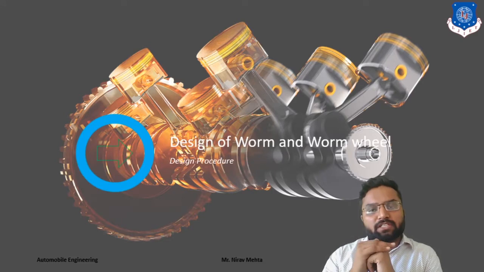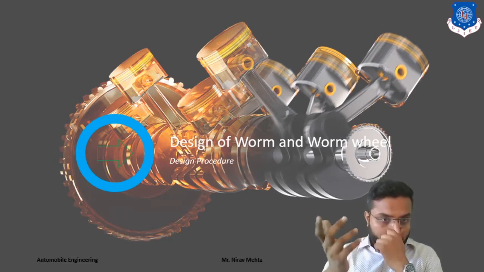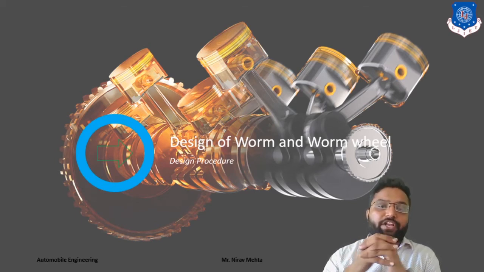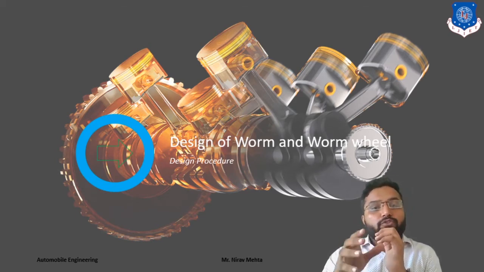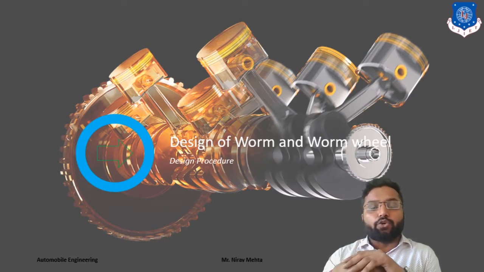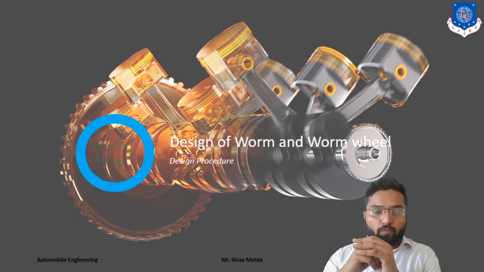The main procedure to find out this design is to find out the efficiency of the worm and the strength of the wheel. So our main concern in this particular video is to determine the different terminologies which we are going to use while designing our worm and worm wheel.